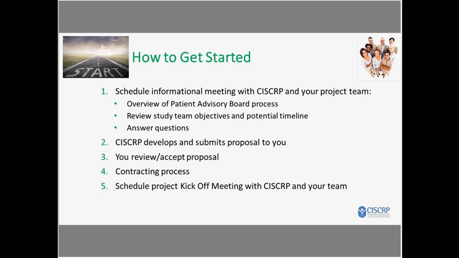The first step is to schedule an informational meeting with CISCRP to help educate your project team on the process. During that meeting, we can also review the objectives from the study team and potential timelines, and answer any questions the team may have in terms of the format, the way it works, and outputs and things of that nature.